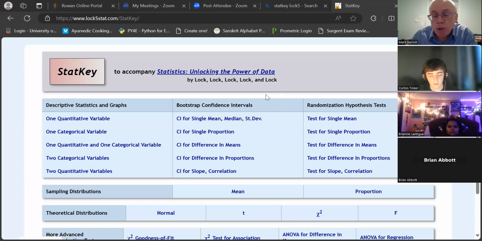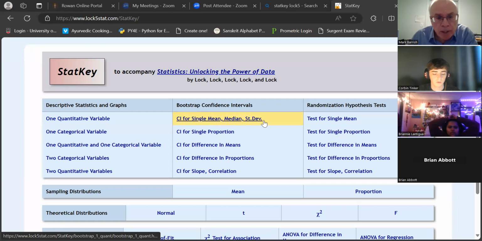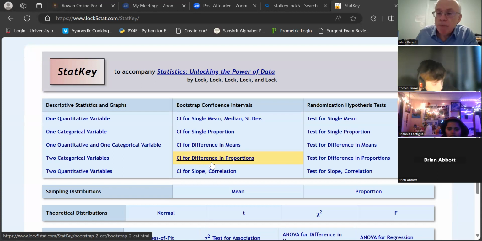So let's go to bootstrap confidence intervals. And there are several options here. Confidence interval for a single mean. It says median, standard deviation, but we're just going to look at means. And CI means confidence interval, and also confidence interval for a single proportion. Now they do have difference in means and difference in proportions also as part of the exercises in the homework.